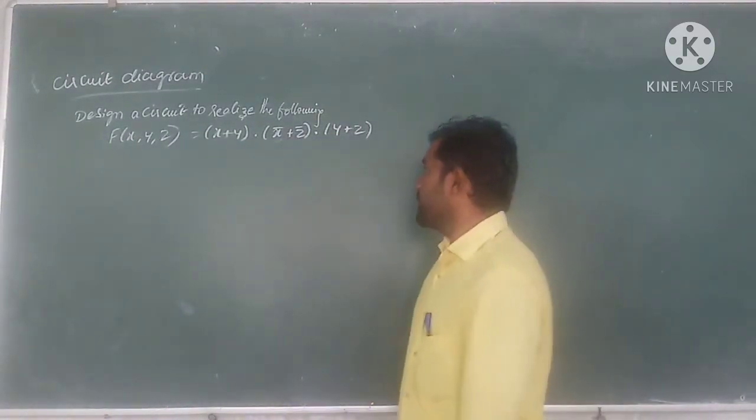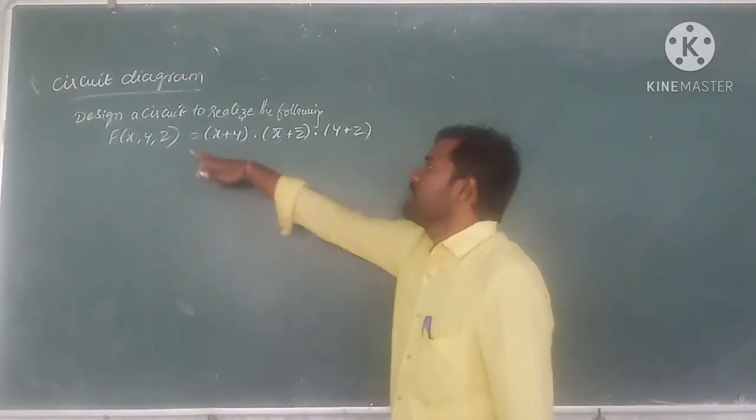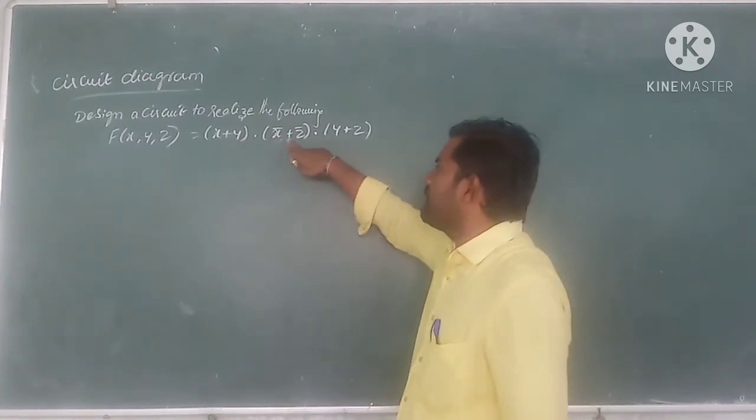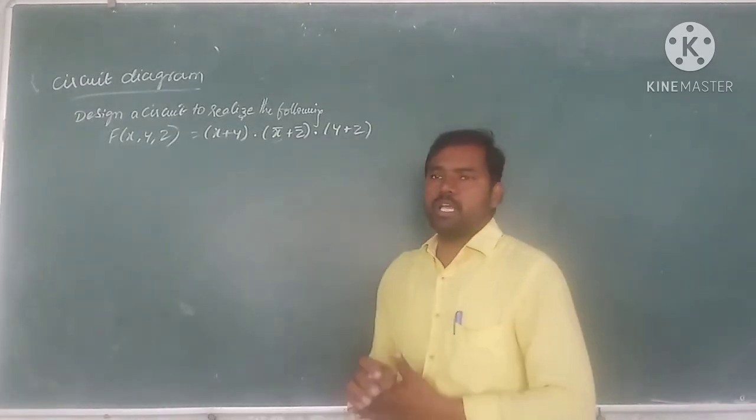Here is the equation. Draw a circuit diagram to realize the following function: f of x, y, z equals x plus y dot x complement plus z complement dot y plus z. So the equation has been given.